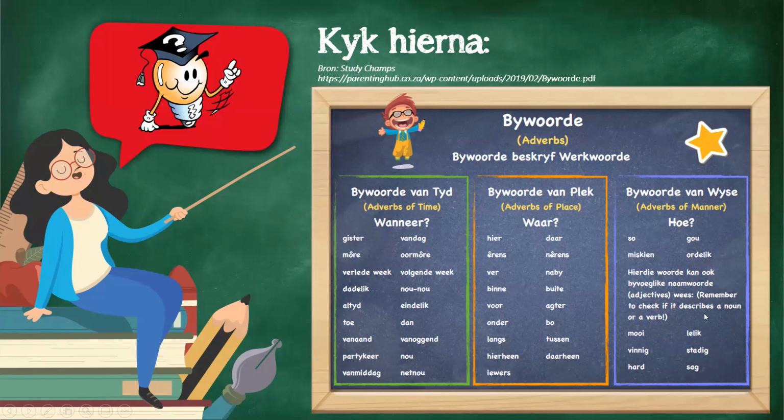And then you'll have to identify. If it's describing the noun, then you know it's an adjective, and if it's describing the actual verb, then you know it's a bywoord. Please take a photo of this. I'll give you about 5 seconds before we go on.